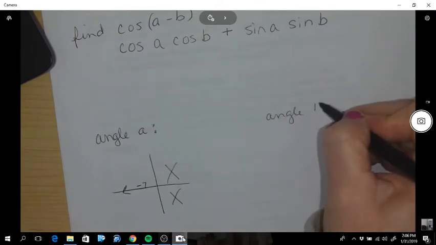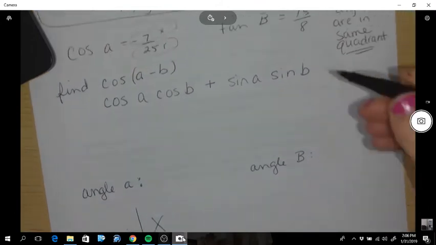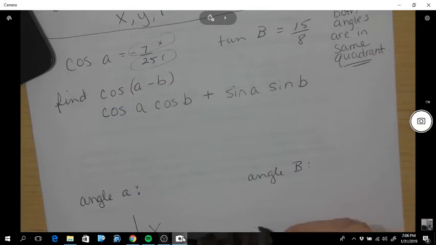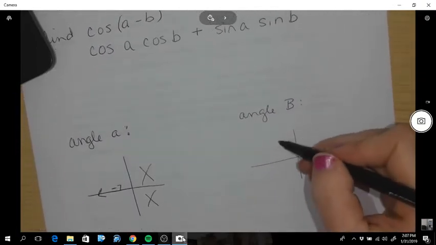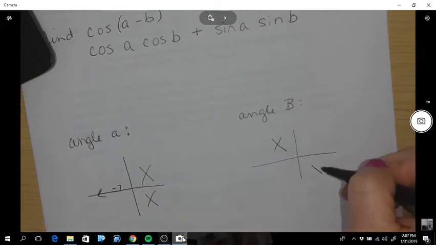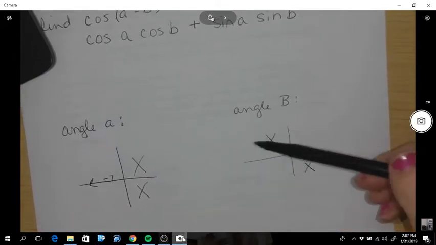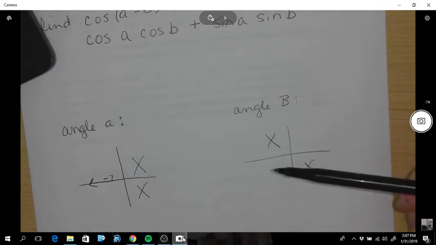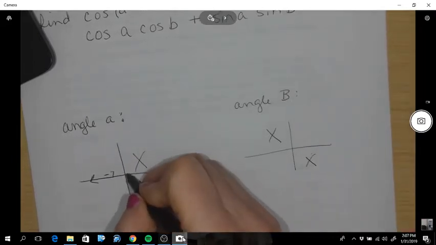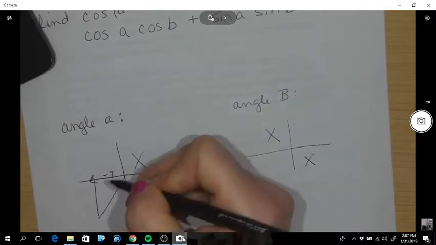And angle B, tan is positive, so it's not in those, so therefore what's the only choice? Quadrant 4. Okay, so now I can complete my triangles.